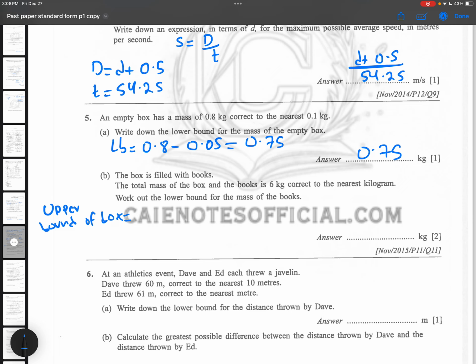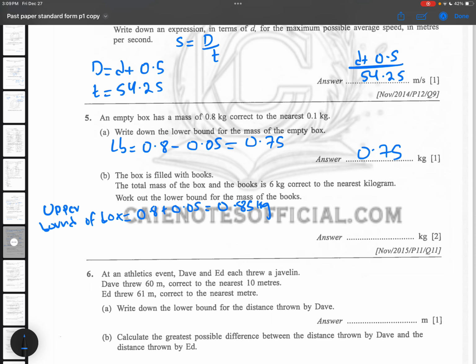This will be equal to 0.8 plus 0.05, which is 0.85 kg. And we also need the lower bound for the total mass, then we will have the minimum value for the mass of the books.